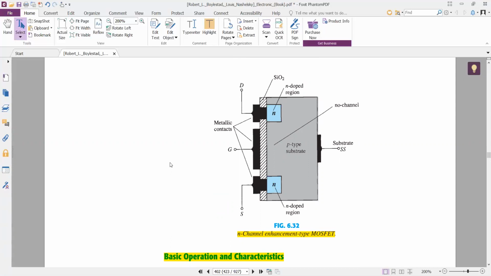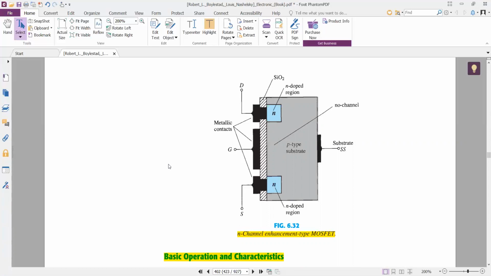For the current to flow between drain to source, there must be a channel. Since there is no channel, no matter how much you increase the voltage from drain to source, no current will flow from drain to source, as there is no channel. While in case of depletion type MOSFET, there was a channel present.